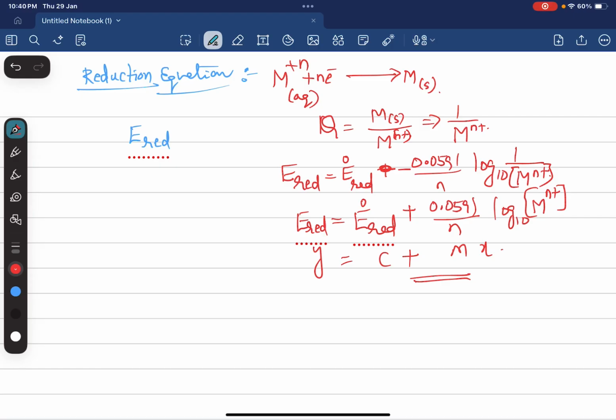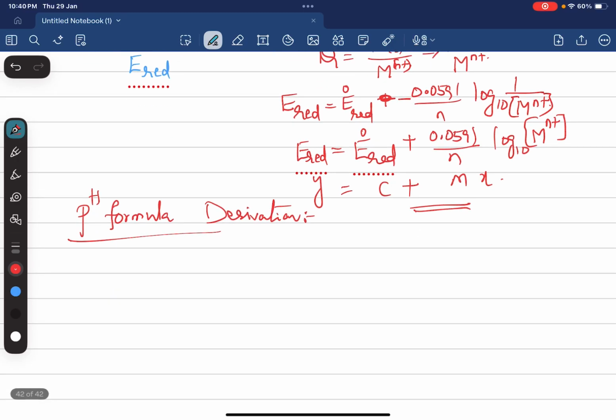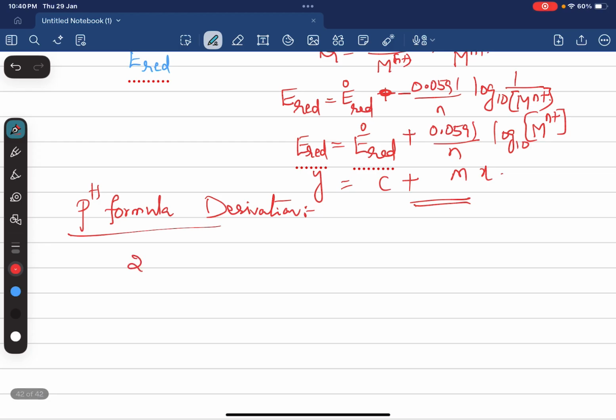Suppose if you take the hydrogen equation, the pH formula derivation, this is also very important. Questions are frequently asked with this. So 2H plus plus 2 electrons gives rise to H2 gas.